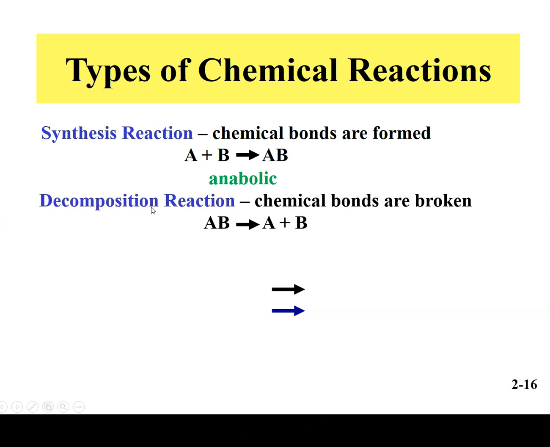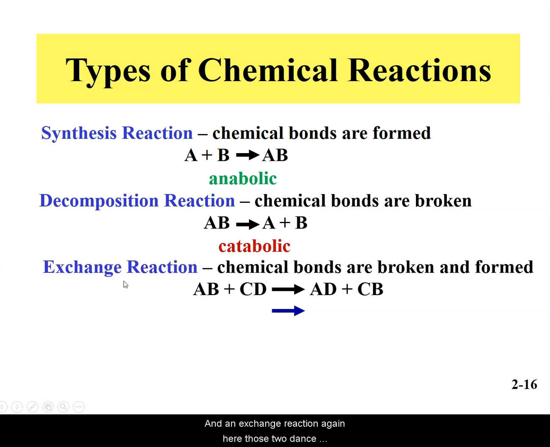Decomposition reaction, chemical bonds are broken, and it's catabolic. Energy is released, so it's exothermic. When you have these bonded together, you have stored energy, and when those bonds break, that energy is released, so we call that catabolism.